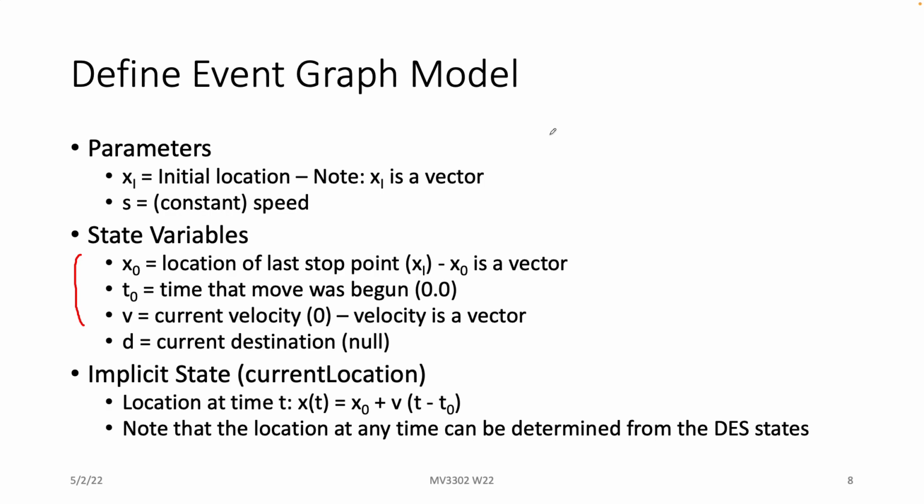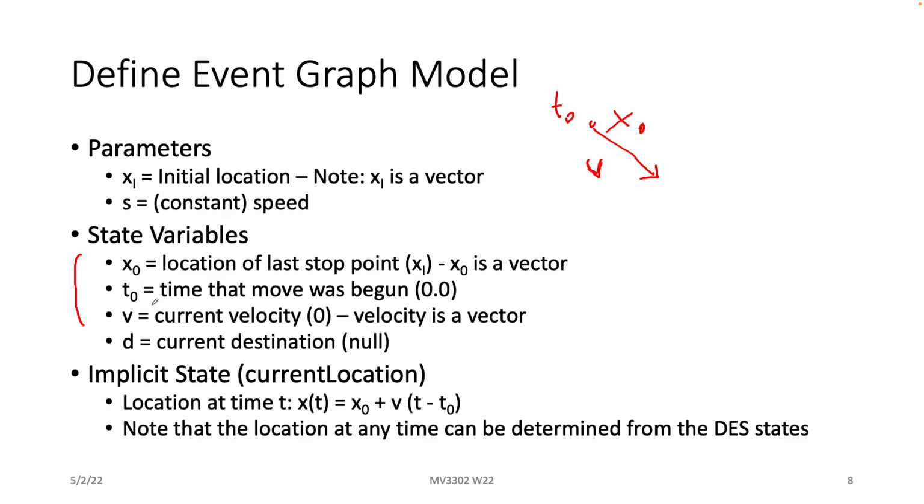So what is the state? Well, if I'm at a particular location, and at a particular time, which I'll call t naught, I start moving with a constant velocity v, are these three values going to stay the same throughout the maneuver?